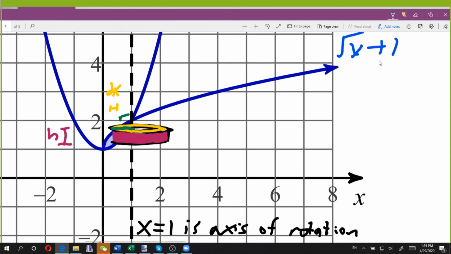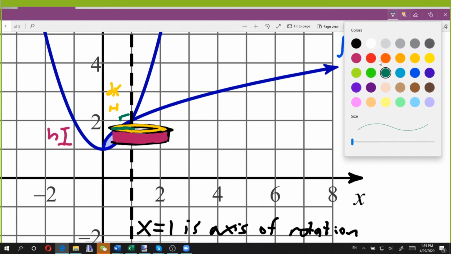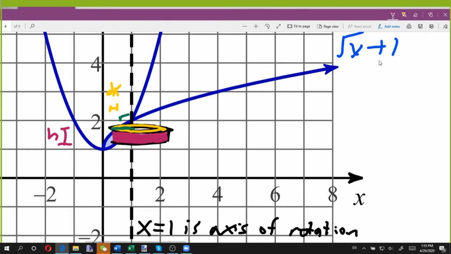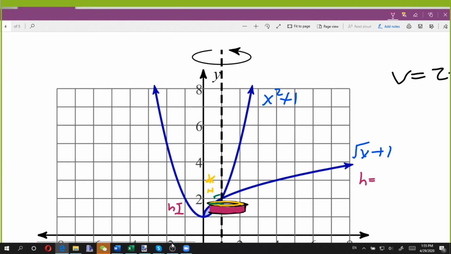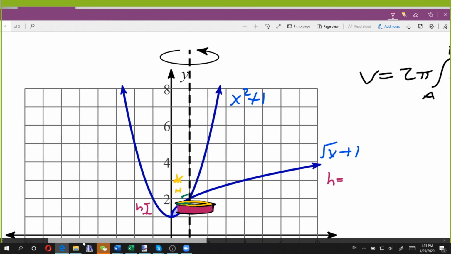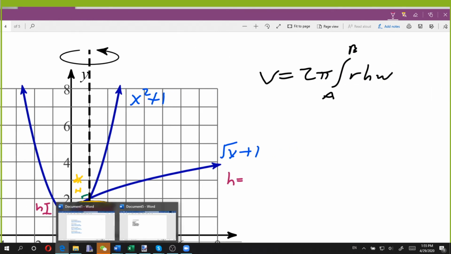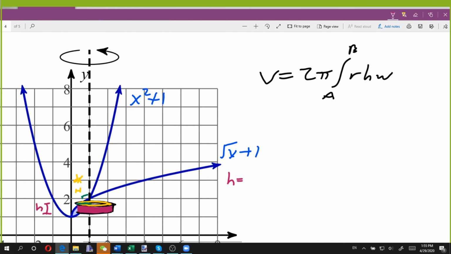Okay, so back to our height. What is our height? dx. Oh, dx is our depth. So our height is going up and down like this, so that's being shown in red right now.